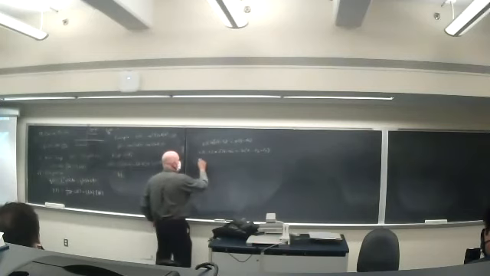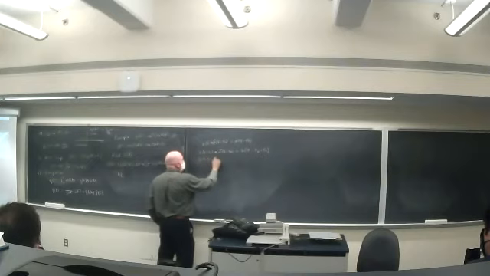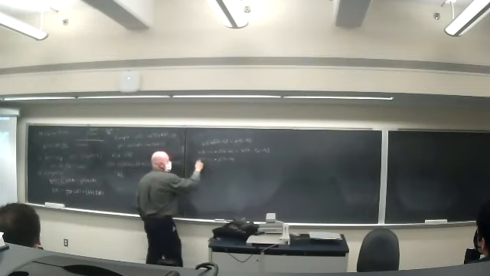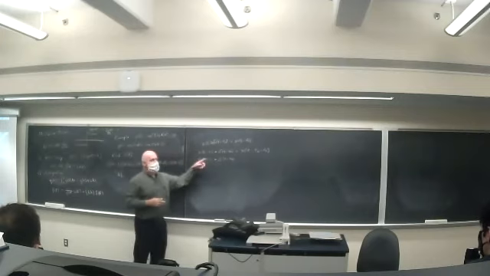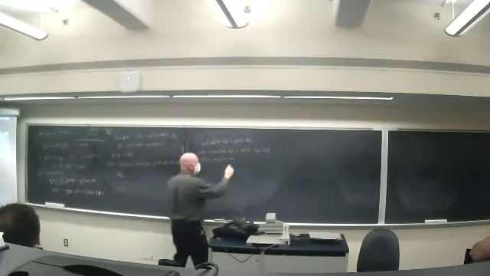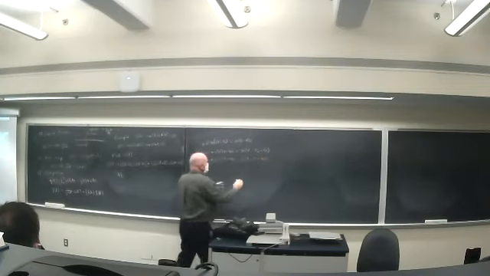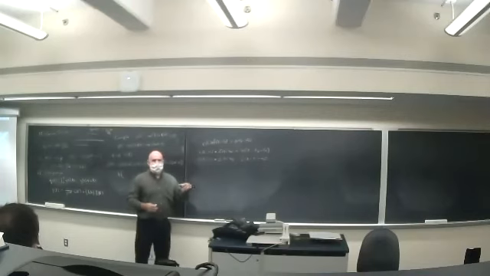Now, x of t minus t1 convolved with delta of t minus t0 is x of t minus t1, but then with an additional delay. I would actually substitute t minus t0 in for t, so this would be t minus t0 minus t1. So delta of t minus t1 convolved with delta of t minus t0. Now I'm just replacing x with delta. So it would be delta of t minus t1 minus t0. I just add the delays.